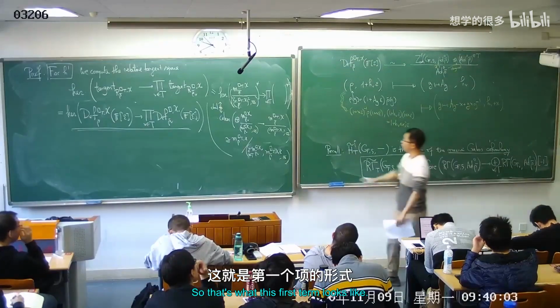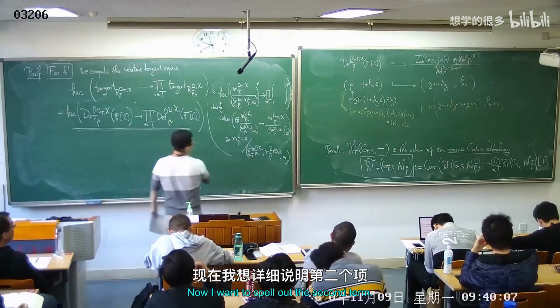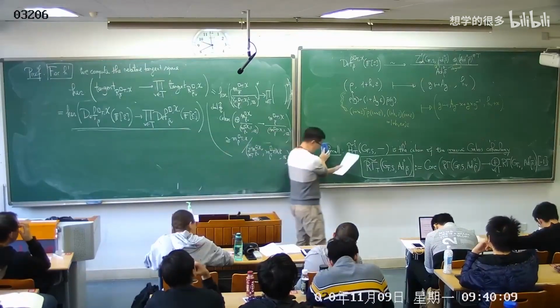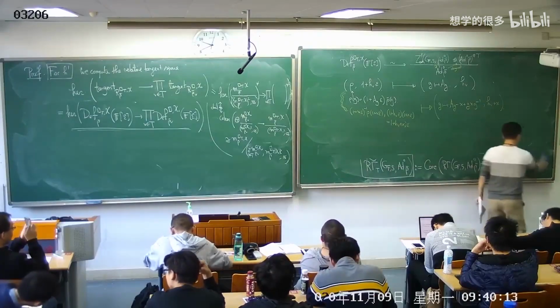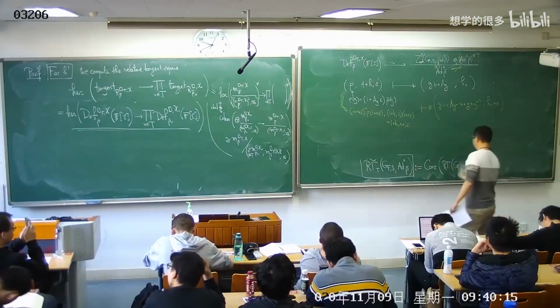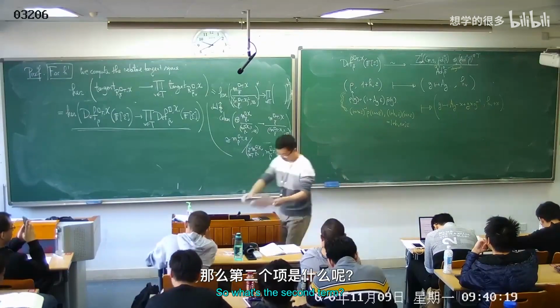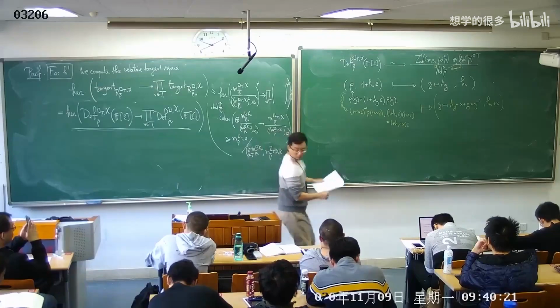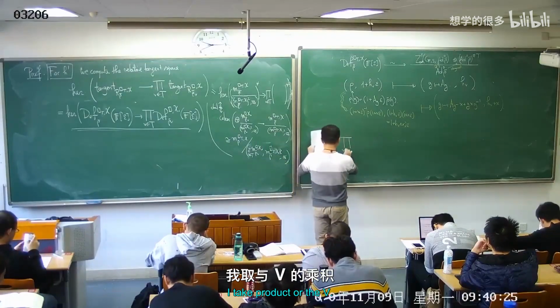So that's what this first term looks like. Now I want to spell out the second term. So what's the second term? I take the product of all the V.